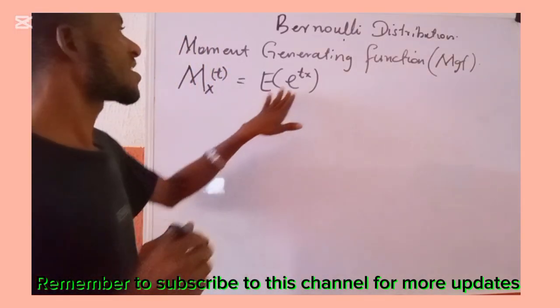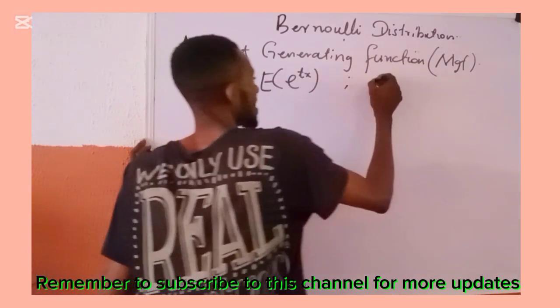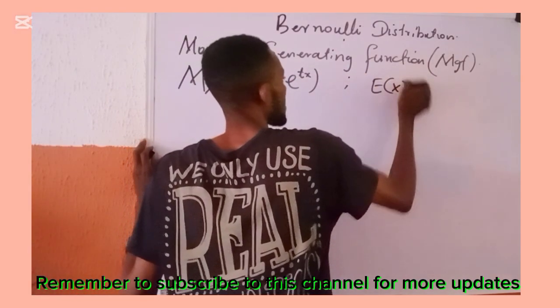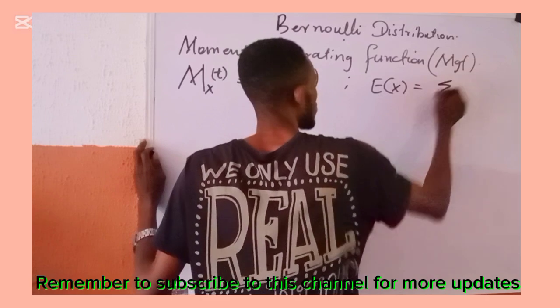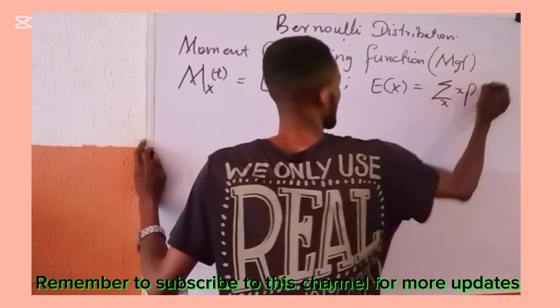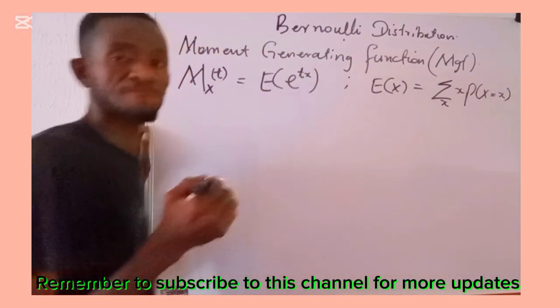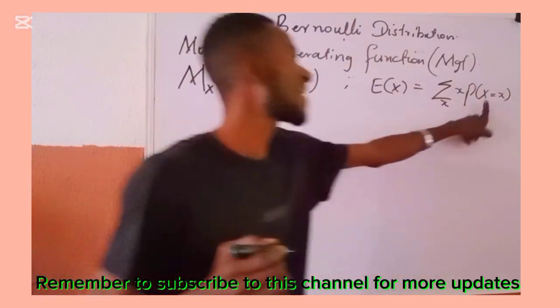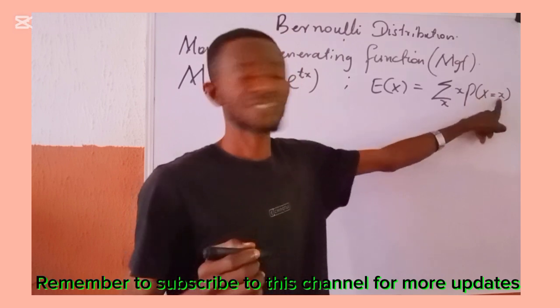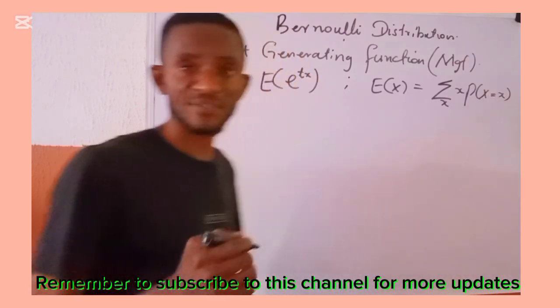Remember earlier that when we wrote E of x, we said it is expressed as summation over the range of x, of x times P of capital X equals small x. This capital X is a random variable. This small x is the realization or the value of this random variable x.